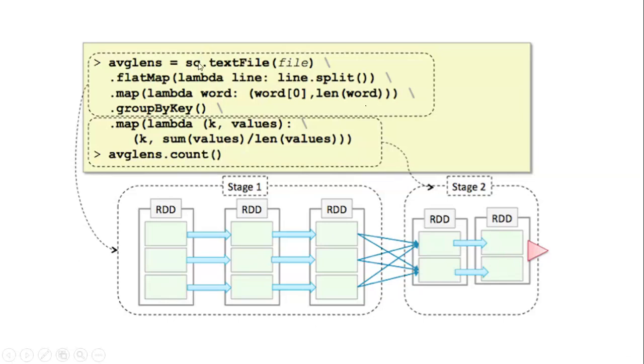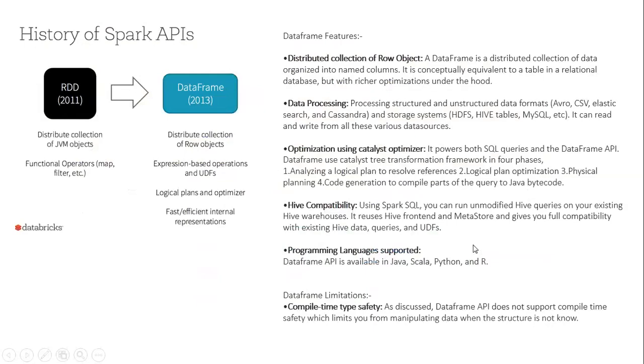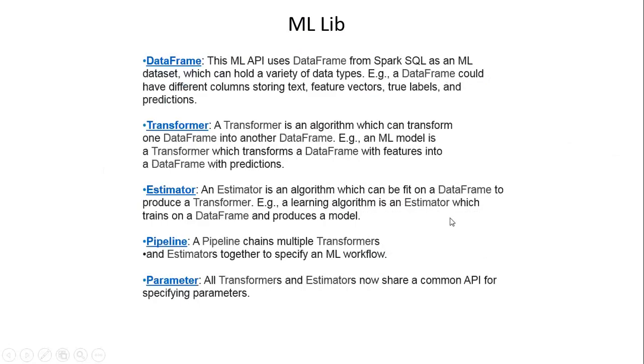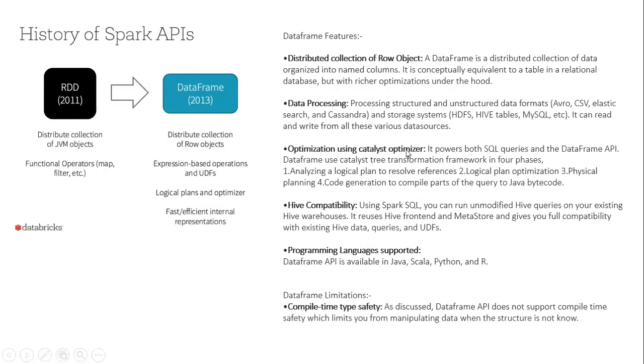So when you're doing your assignment, I want you to visualize exactly what is happening behind the scenes, okay? Very briefly, data frame is a huge step up from RDD. You're mostly going to be using data frames, so I want to give you some of the most salient points about them. A data frame is a generalized, sophisticated evolution of RDD.